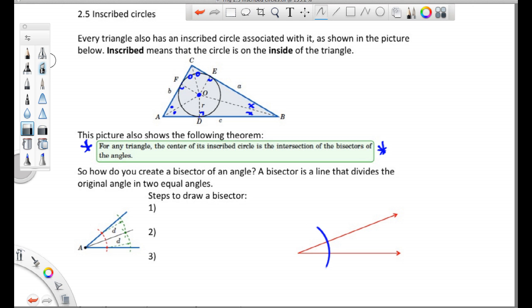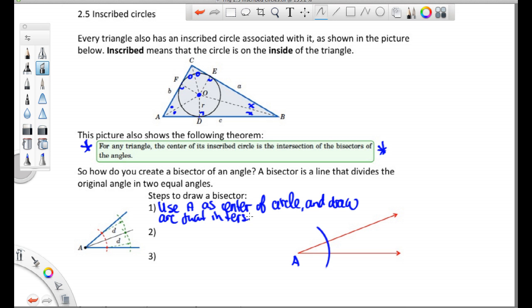Okay, so step one was use A as the center of the circle, and draw the arc that intersects both rays.